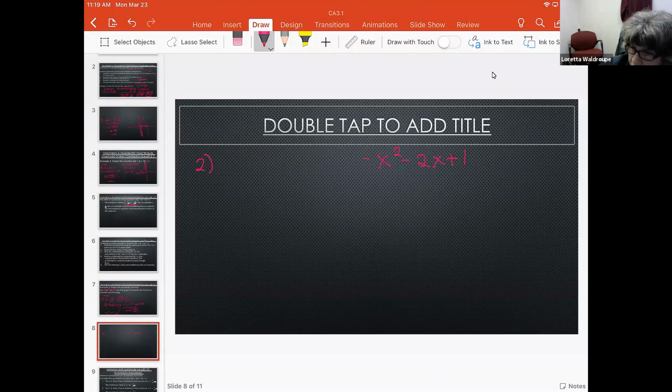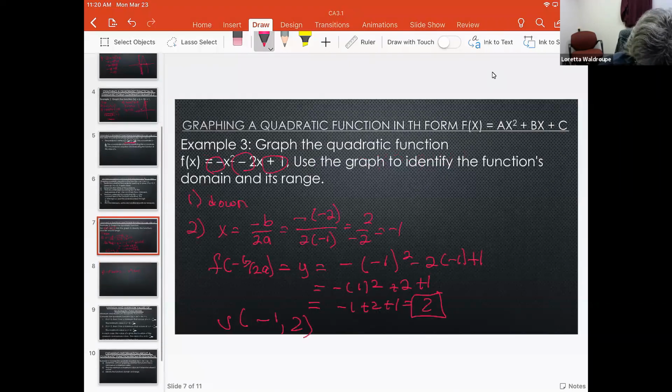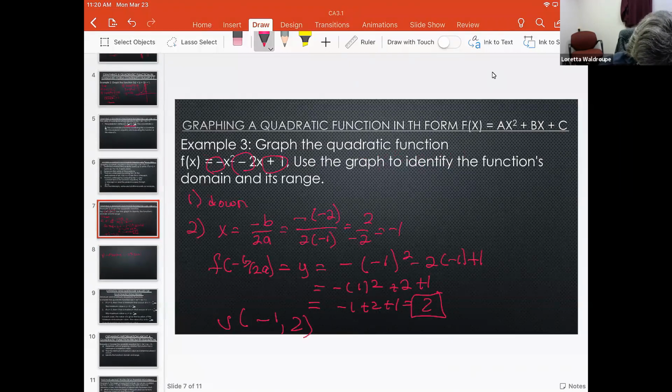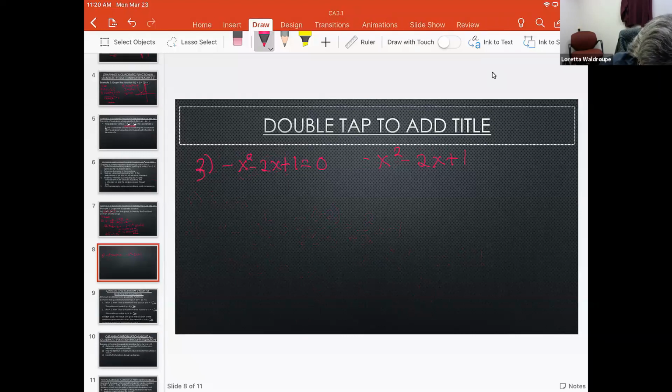Find the x-intercepts, right? So to find the x-intercepts, you set it equal to 0. Oh, this is step 3, because I did 1 and 2 here. We're on step 3. Okay.